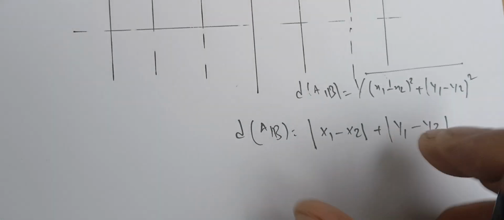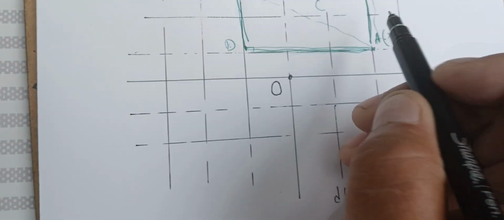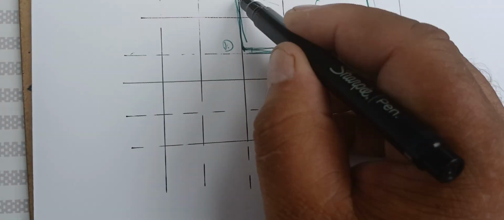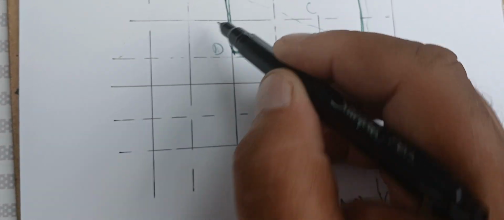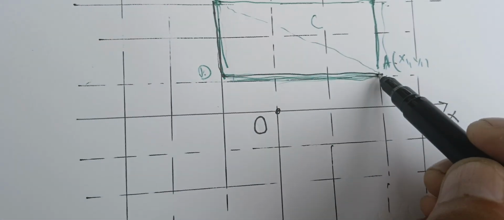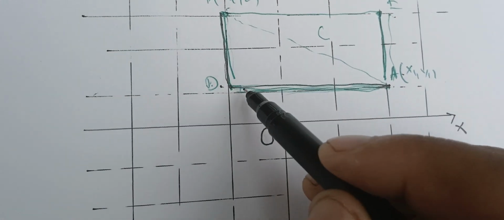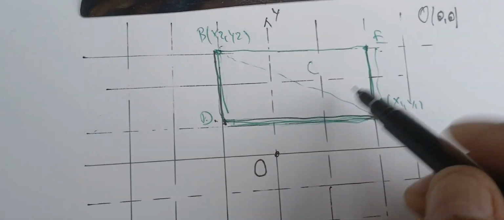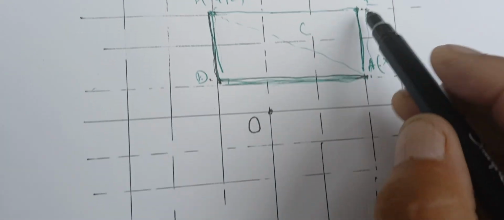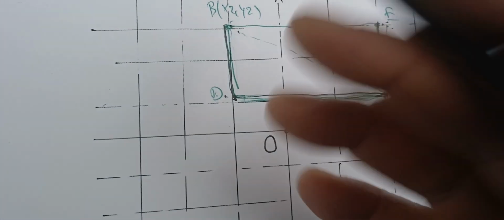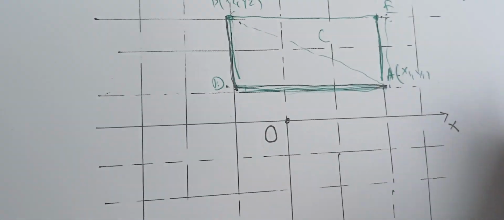Okay, so here this x1 minus x2 is this distance here. And y1 minus y2 is this one here. So to go from point A to B, we drive from A to D, and after that from D to B. Or we can go from A to E and from E to B. Okay? So this gives us a distance.